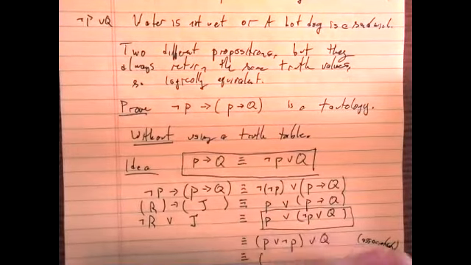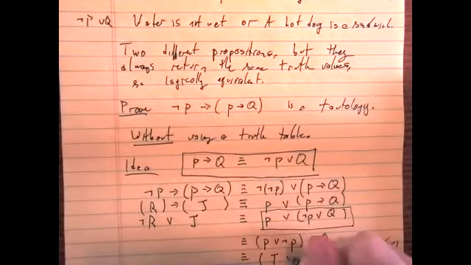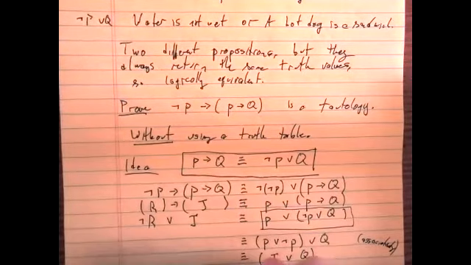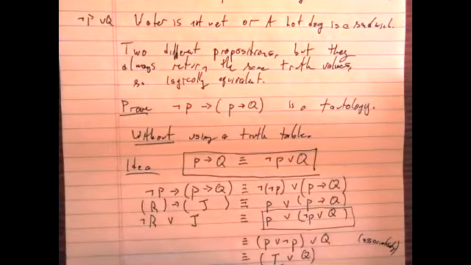And then P or not P is true. So this is equivalent to a true statement or Q. And then if I have true or something, what truth value do I get back here? True. Right.